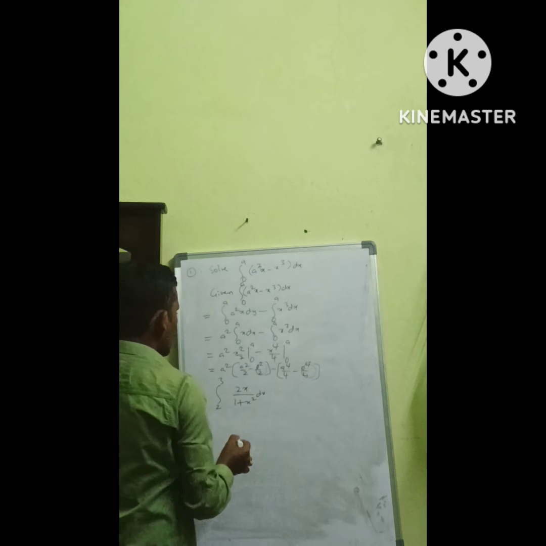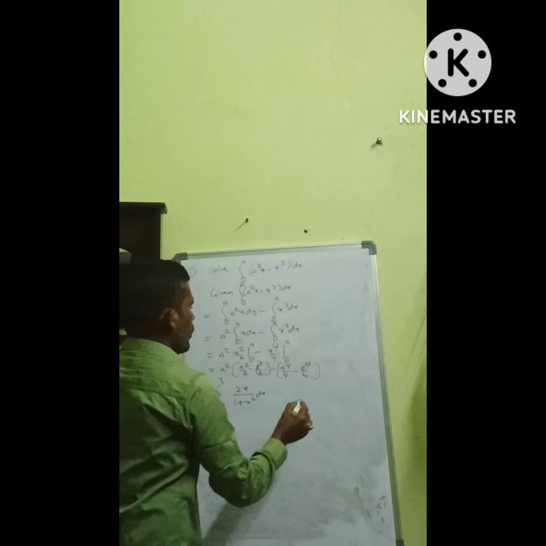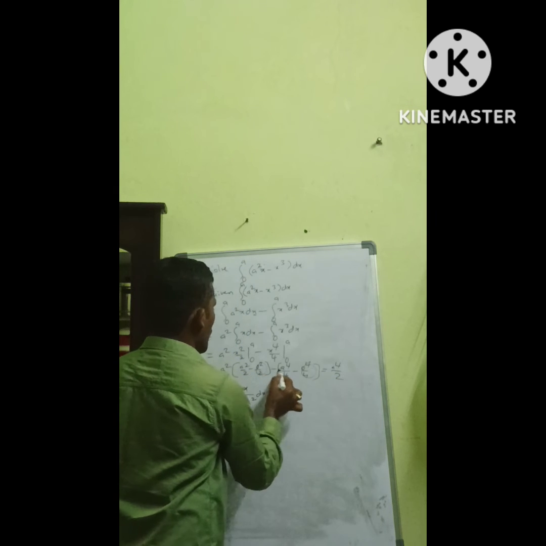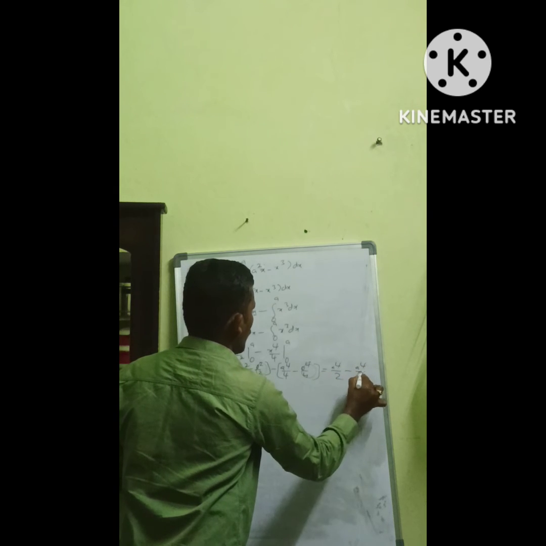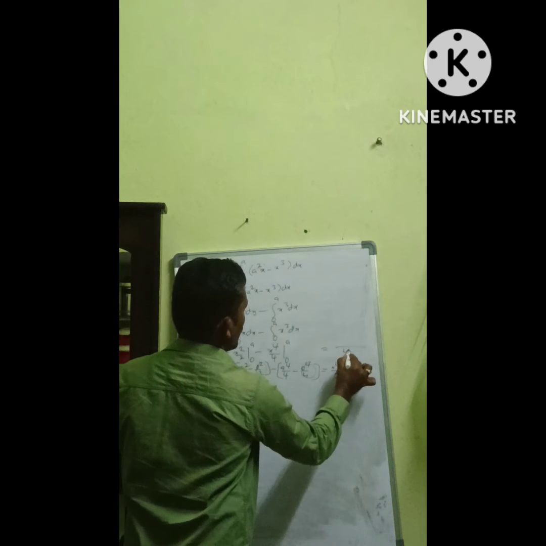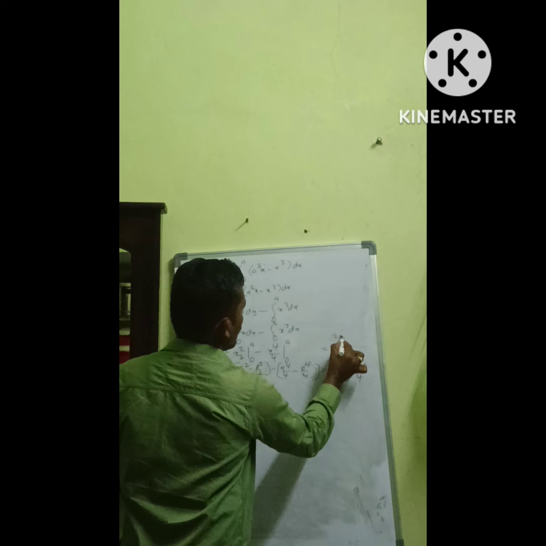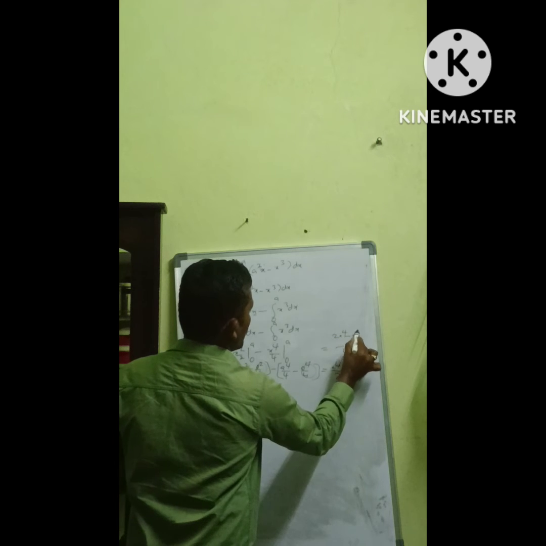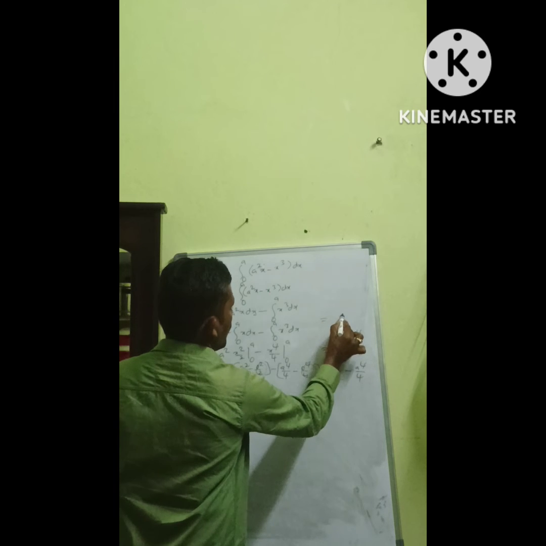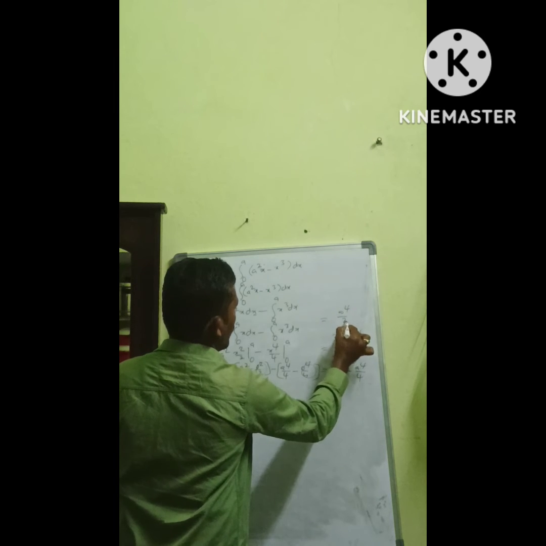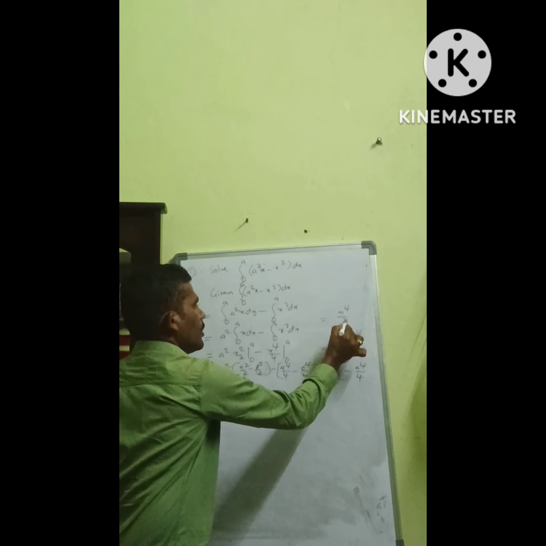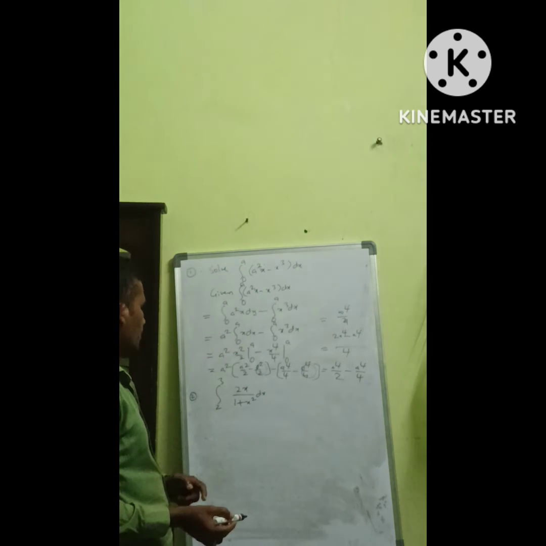So a square times a square by 2 gives a power 4 by 2, minus a power 4 by 4. What is the LCM? 4. So we get 2 a power 4 minus a power 4, which is a power 4 by 4. A power 4 by 4 is the required answer for this one.